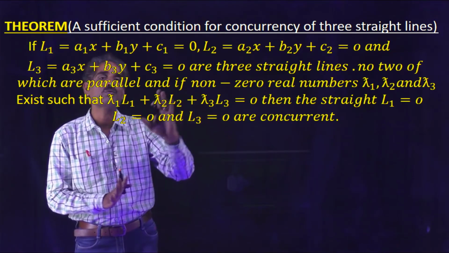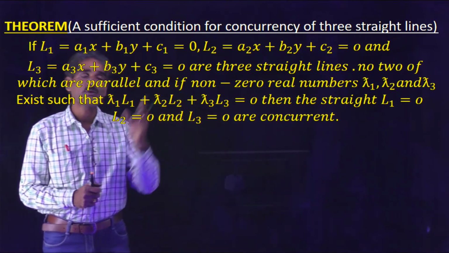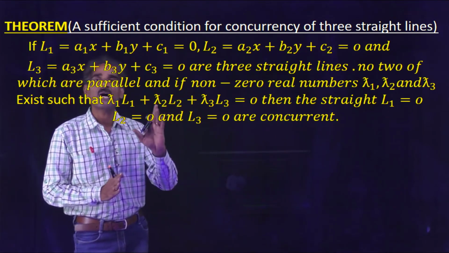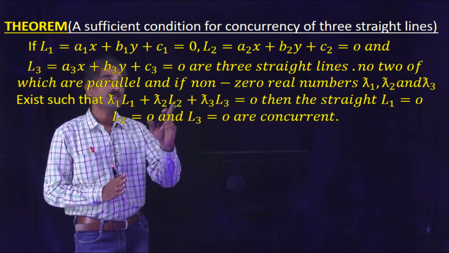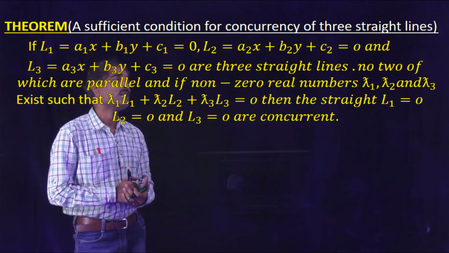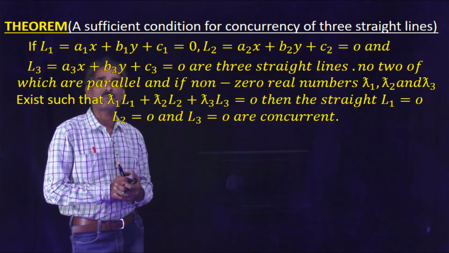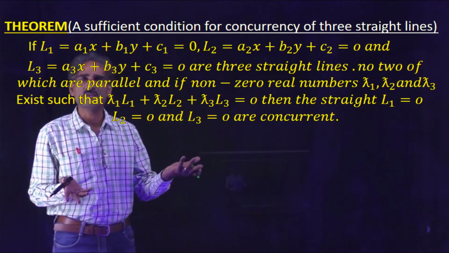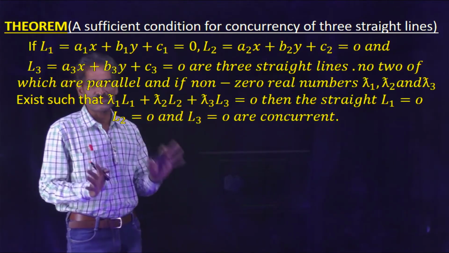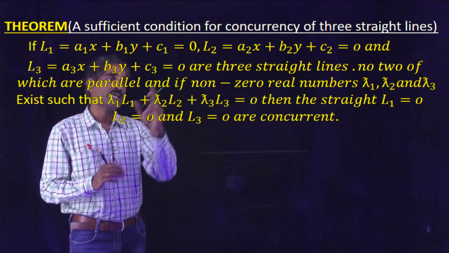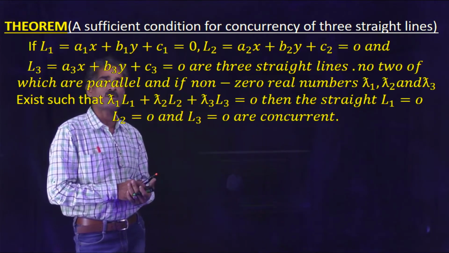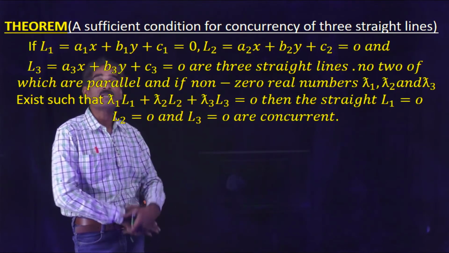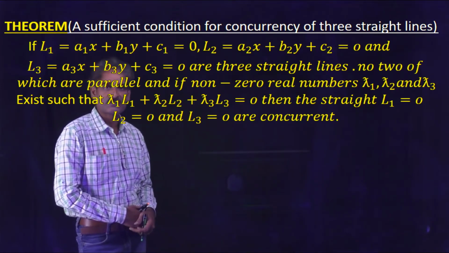Suppose you take 3 lines, L1 equal to 0, L2 equal to 0, L3 equal to 0, no two of which are parallel. If there exist non-zero real numbers lambda 1, lambda 2 and lambda 3, some non-zero constants, such that lambda 1 L1 plus lambda 2 L2 plus lambda 3 L3 equal to 0, it represents concurrent lines.